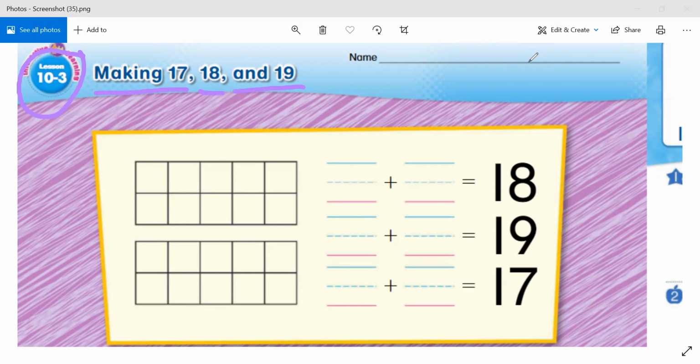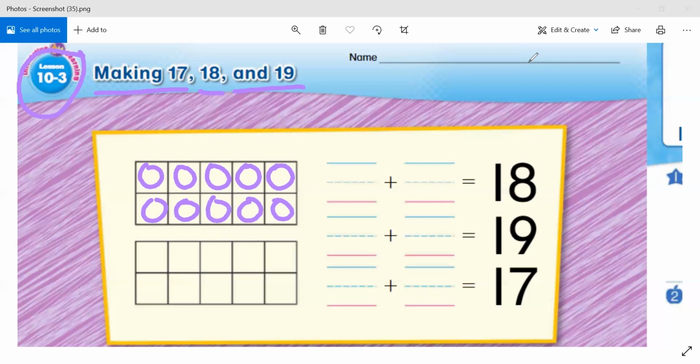How can we use the 10 frames to write a number sentence that shows the problem? Well, let's see. We said that he already made 10 candy apples for the school carnival, right? Now he wants to make 18 total.